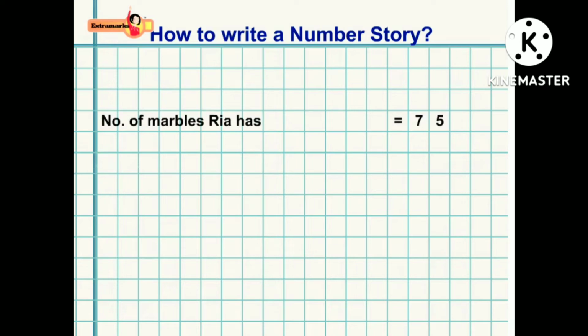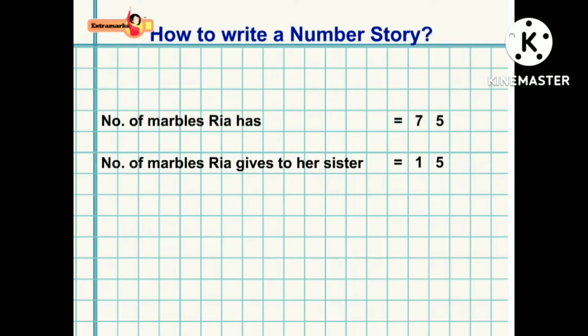Number of marbles Ria has equals 75. The second important information here is the number of marbles given by Ria to her sister. So we will write number of marbles Ria gives to her sister equals 15.